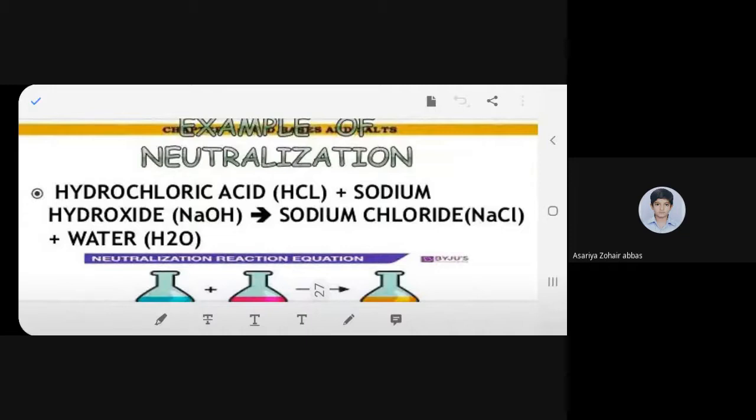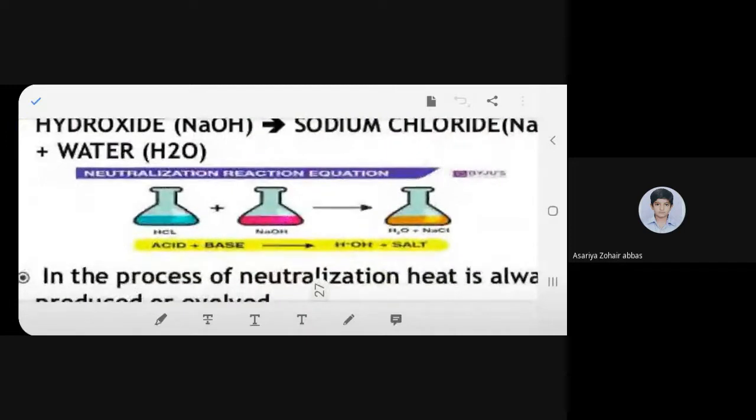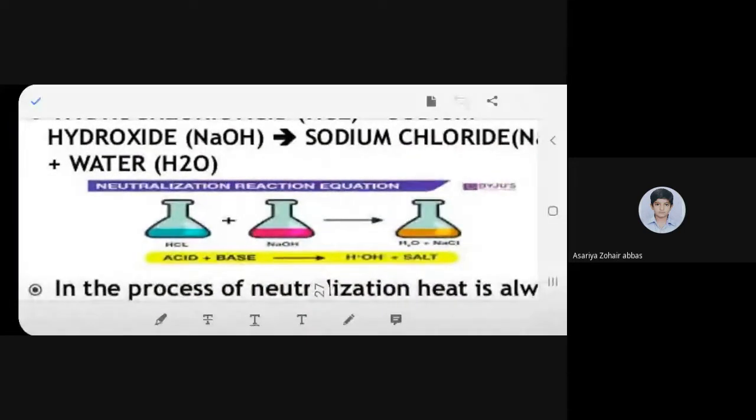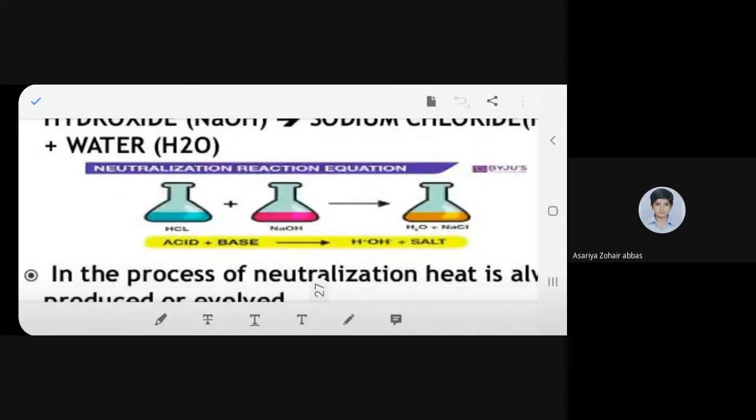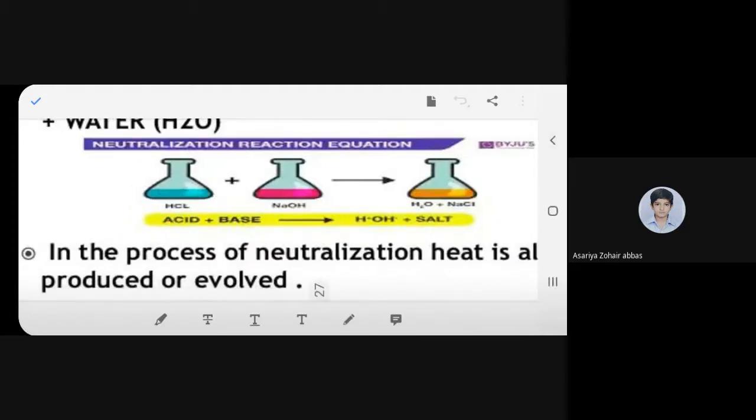Now what we have taken? See over here. HCl is acid, NaOH is base. Base gives water plus sodium chloride. Water is HOH, H2O, and sodium chloride is salt. Right, beta?